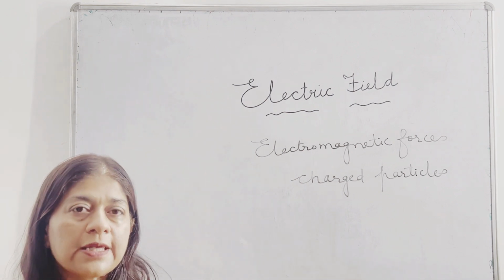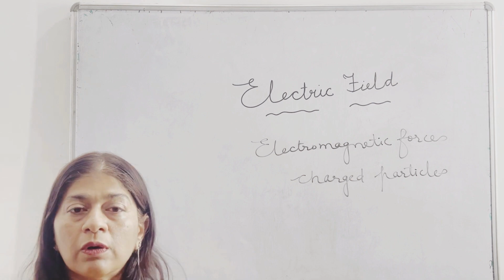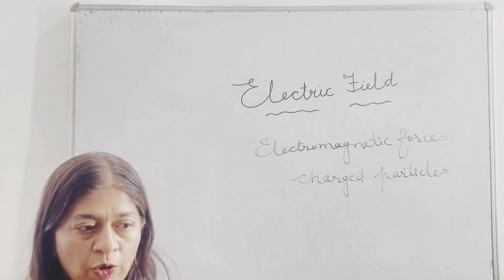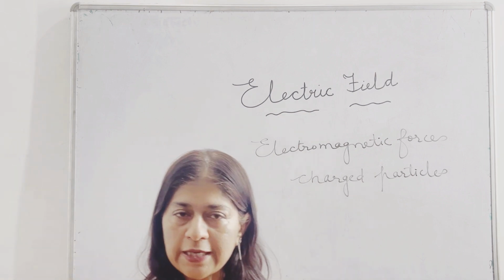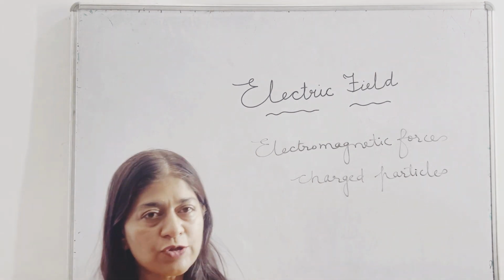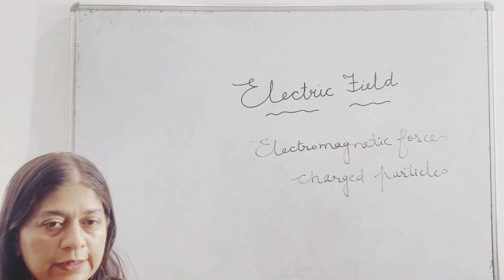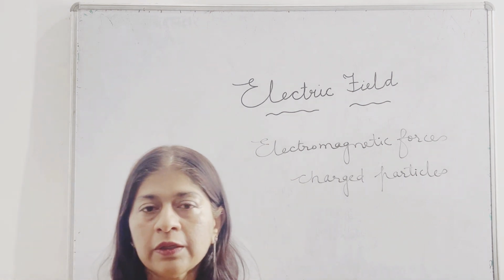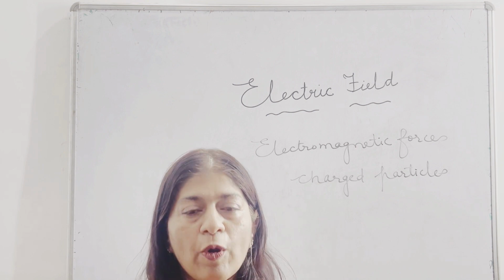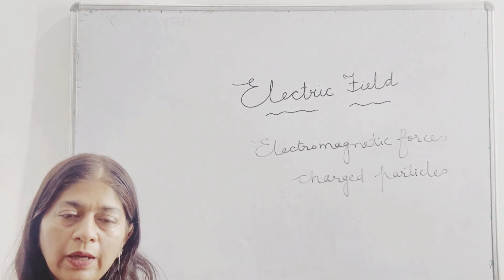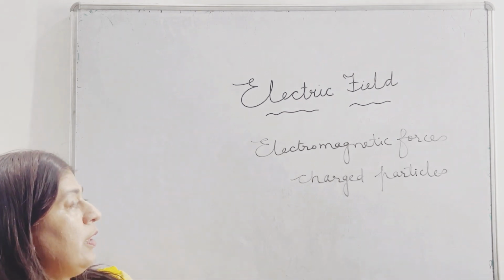So this concept is also utilized in other experiments too. For example, the same thing has been carried out with glass rods, with wool, with rubber rods, and it has been found that when they are brought close to the other one, they go through attraction.